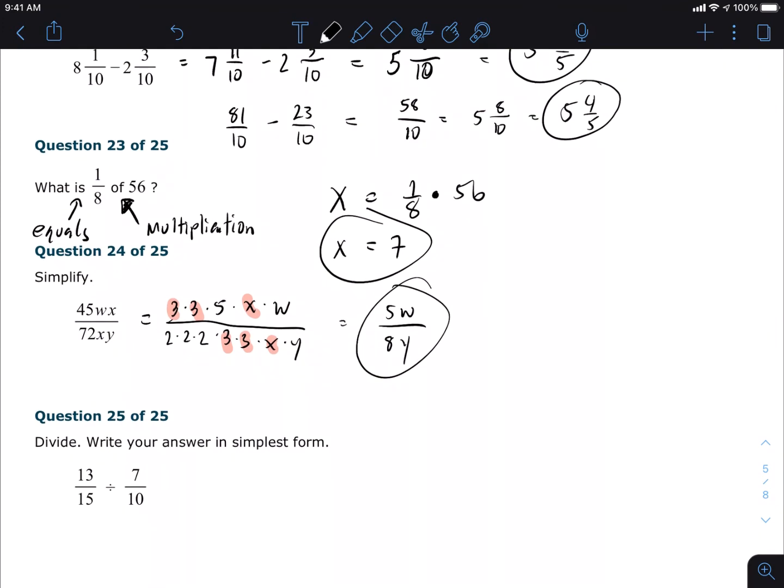Okay, and so in this one, we're dividing fractions. So what do we do? We change it to multiplication and reciprocate, right? That should become a 3.